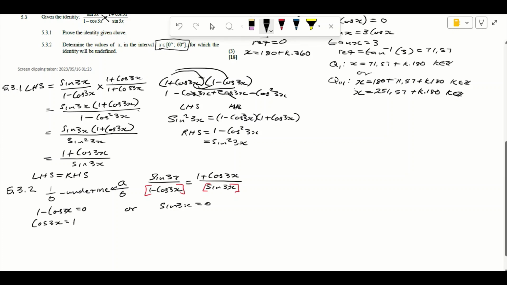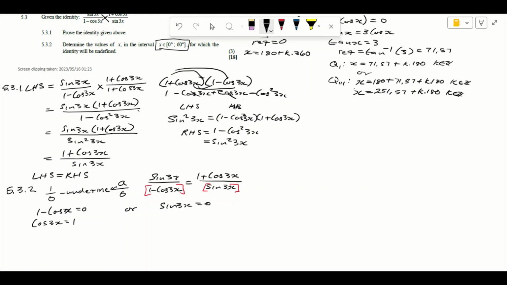So for which values of x in the interval where x is between 0 and 60, meaning x is in the first quadrant. So now we can find a general solution here for which x is between 0 and 60. Okay, so cos is positive in the first quadrant and the fourth quadrant. Fine.